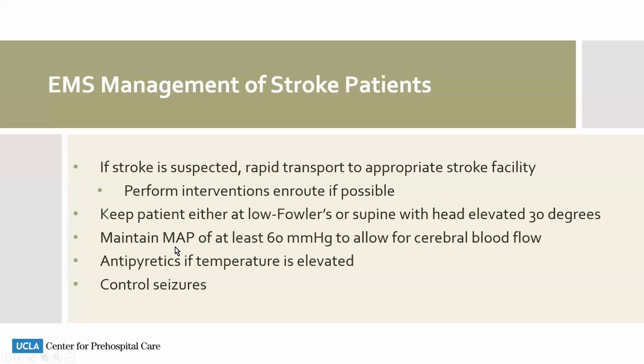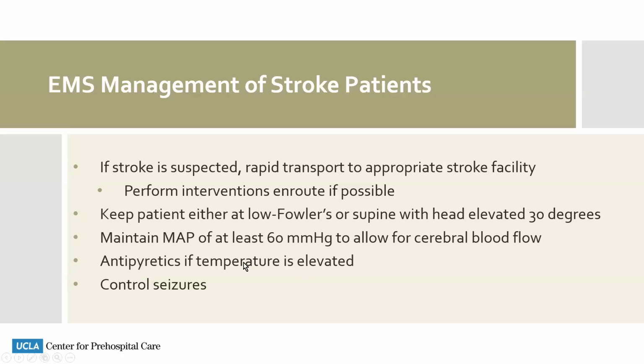We're going to try and maintain the MAP at least 60 millimeters of mercury. Remember, I said cerebral perfusion pressure is so important, and the only thing you and I can really deal with is the MAP, right? So we need to keep it at least 60 millimeters of mercury. If their temp is elevated, we possibly could give Tylenol.